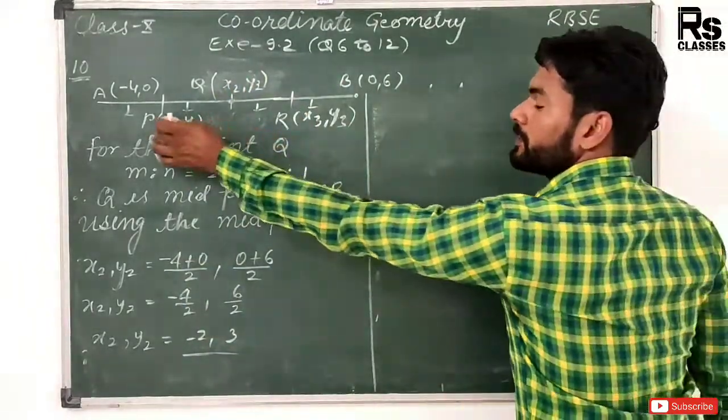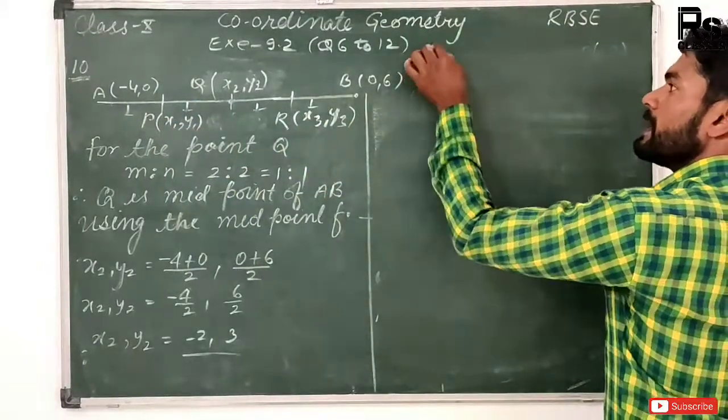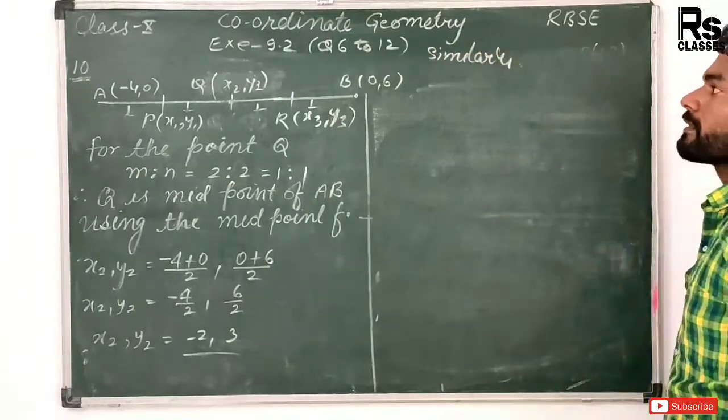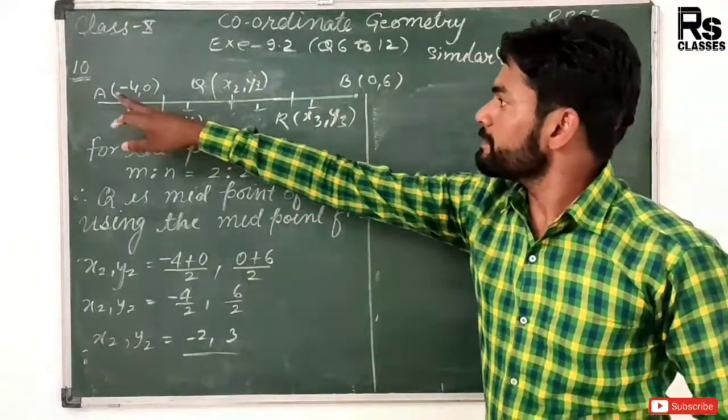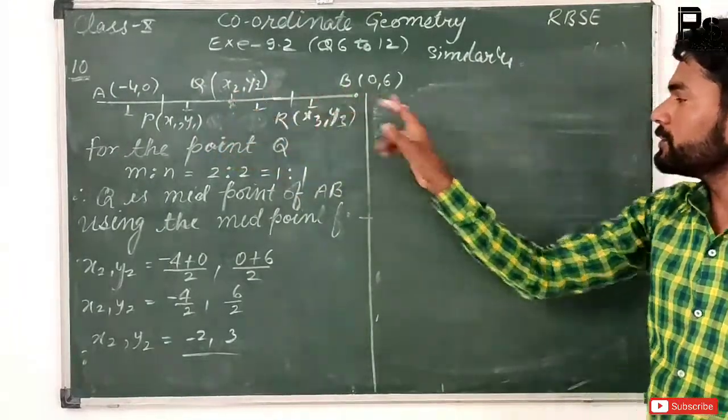Now we are going to calculate the values of the other coordinates. Similarly, P is the midpoint of AQ and R is the midpoint of QB.